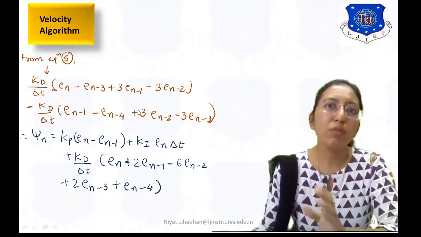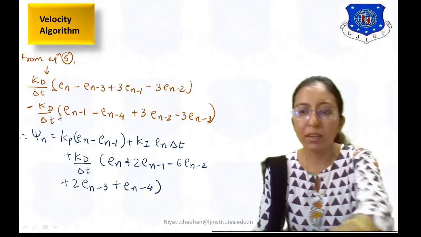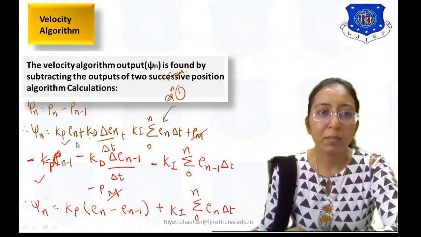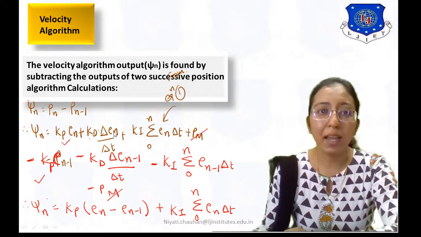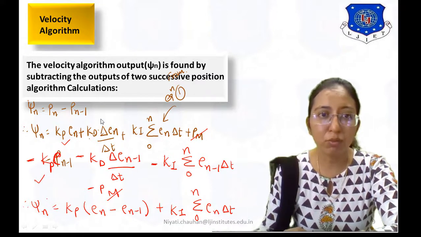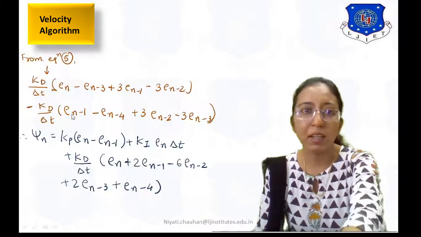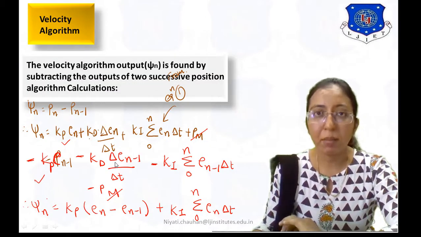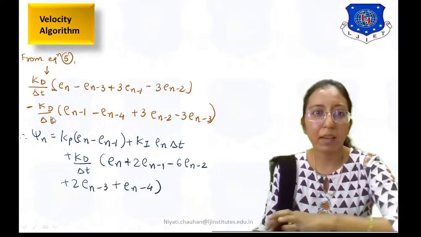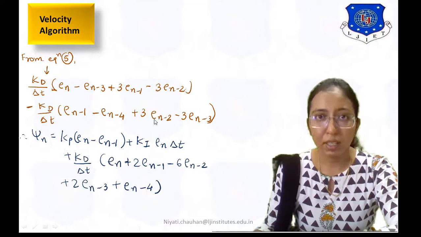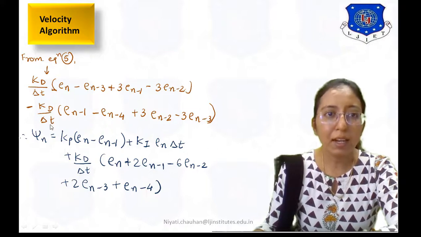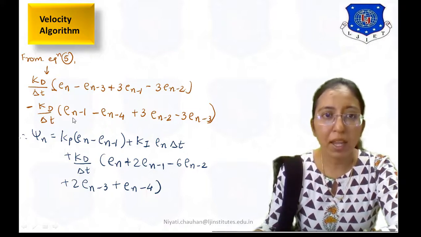And for n minus 1, I am discussing Kd delta En upon delta t. We have written the equation for Kd delta En upon delta t here, and for Kd delta En minus 1 upon delta t, I have written the equation as well, replacing n by n minus 1.